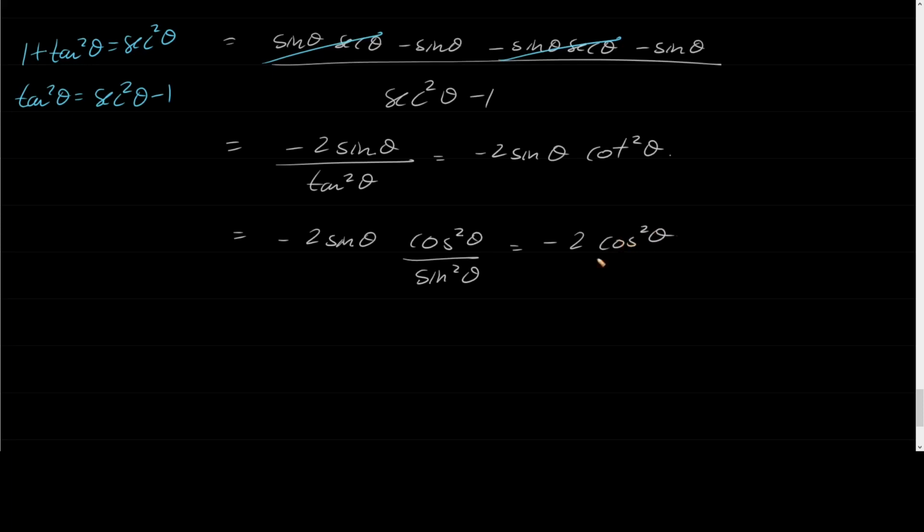Negative cosine squared theta over sine theta. But then if I rewrite this as cosine theta times cosine theta and all of this over sine theta, I can group one of the cosines and sines together to rewrite it as cotangent. So this is really negative 2 cotangent theta times cosine theta, and that really can't be reduced any further.